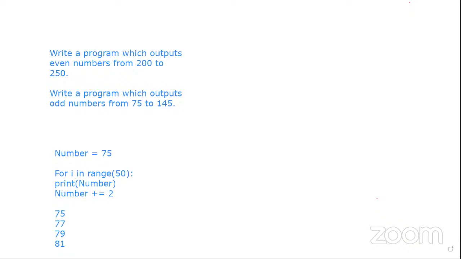All right, this one is similar to the first, except I want you to write a program which outputs even numbers from 750 to 600.